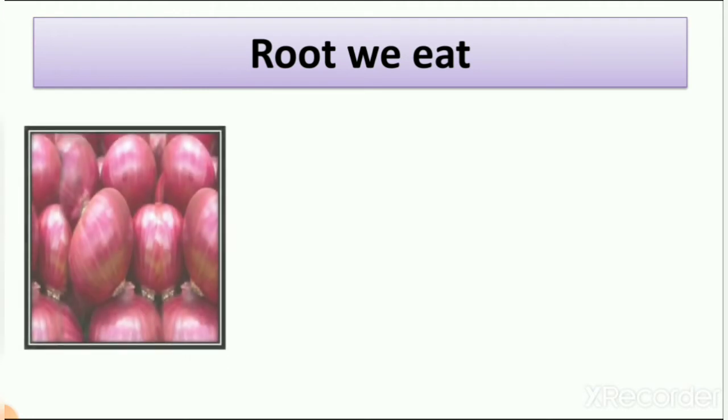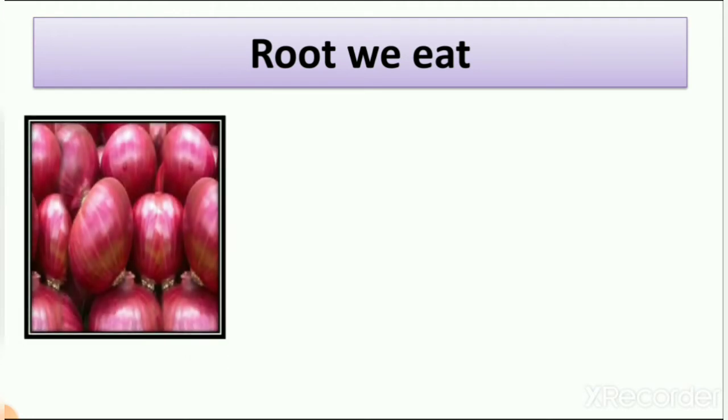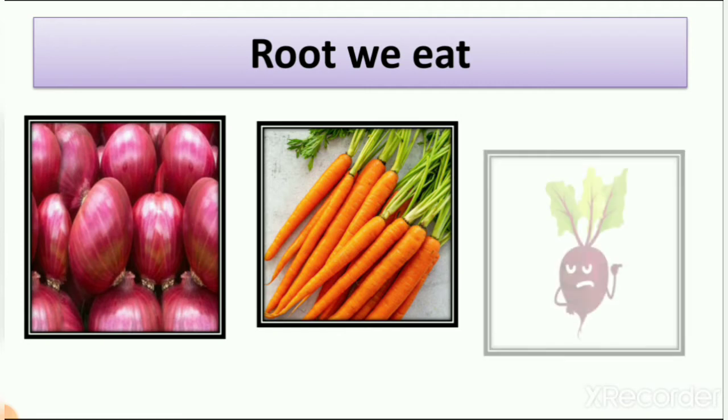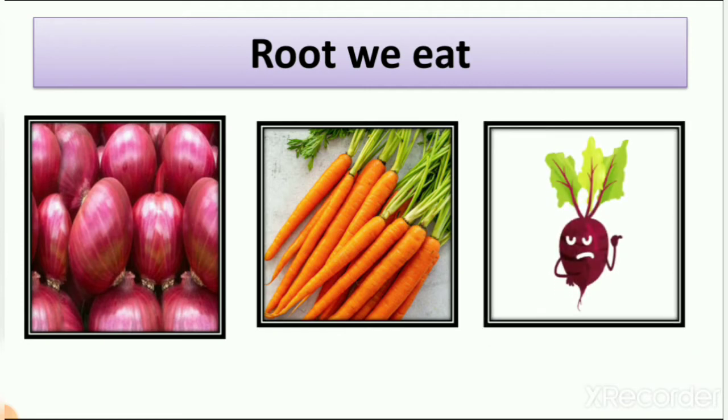A root vegetable is onion, which we eat. We use it in diet food also, and we use onion to add flavor to our dishes. Root vegetables we eat are onion, carrot and beetroot, and many others like garlic and radish.